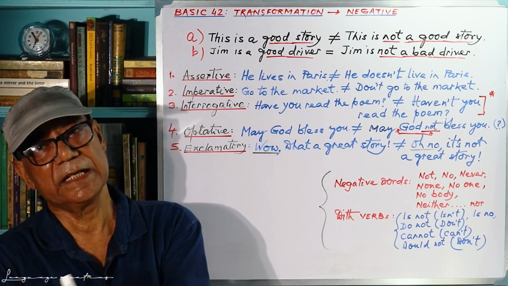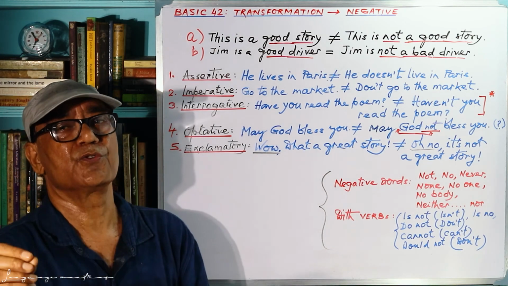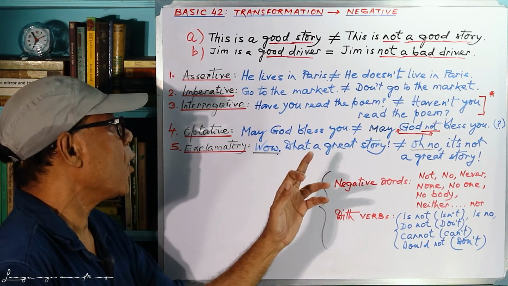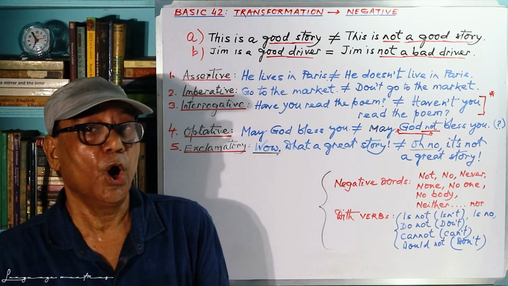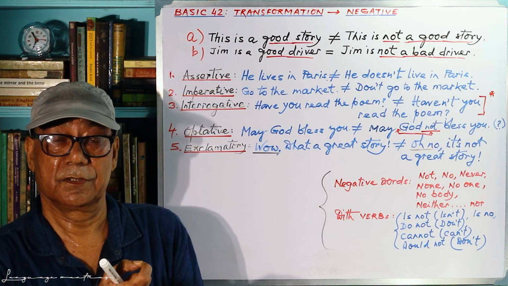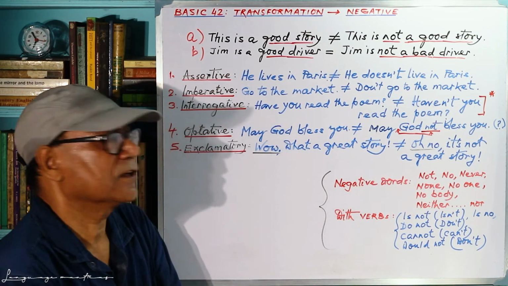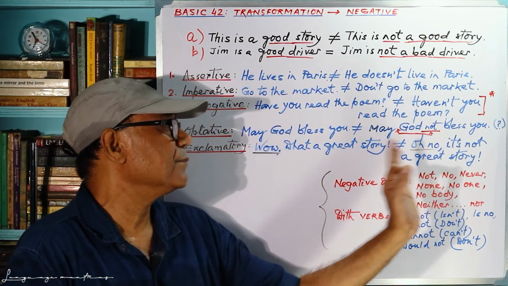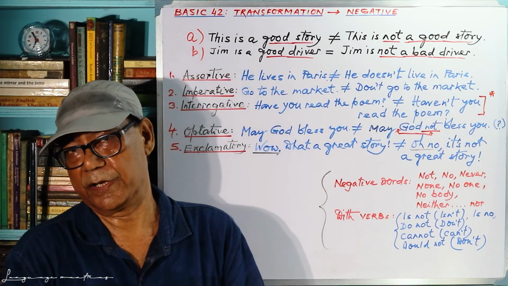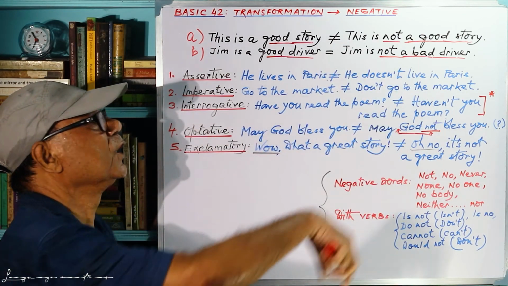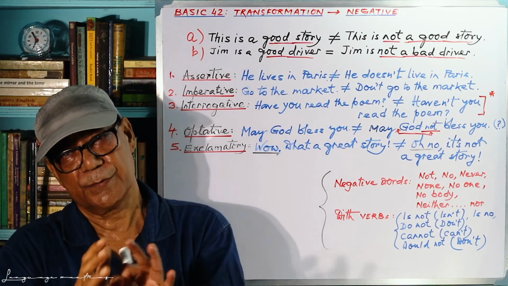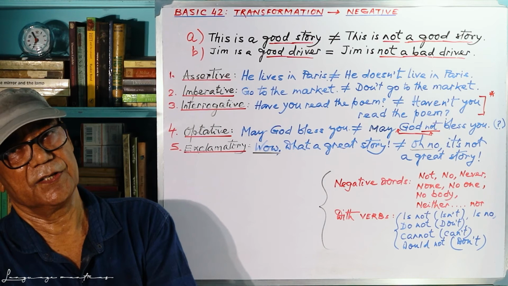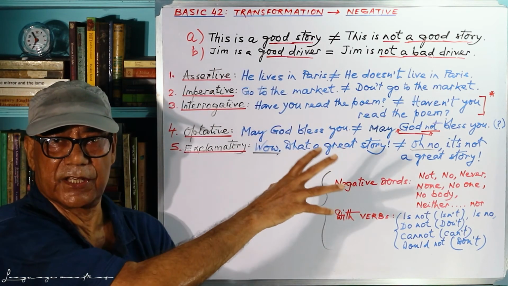But when you want to make it negative, you must introduce the verb. So we are introducing so many things. Wow, what a great story. Oh no, it's not a great story. So it's a great story here becomes it's not a great story here. This is the way we try to transform a positive sentence into a negative sentence in these cases.